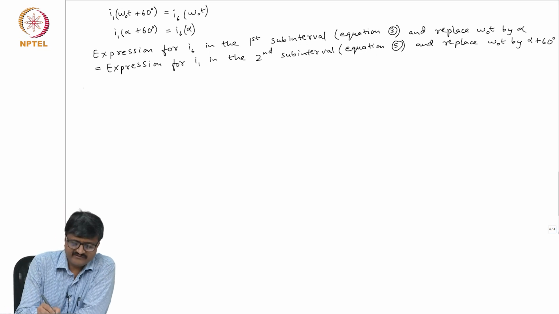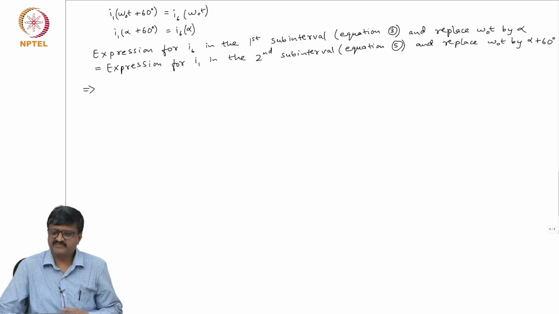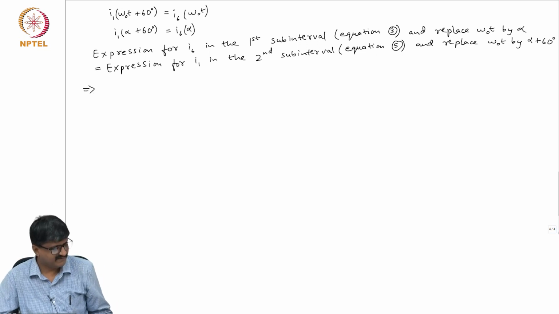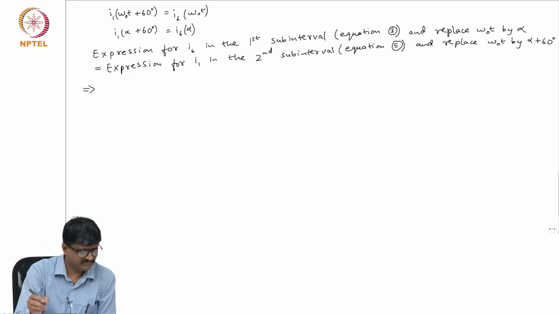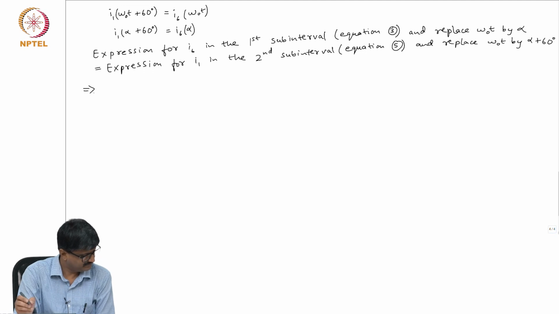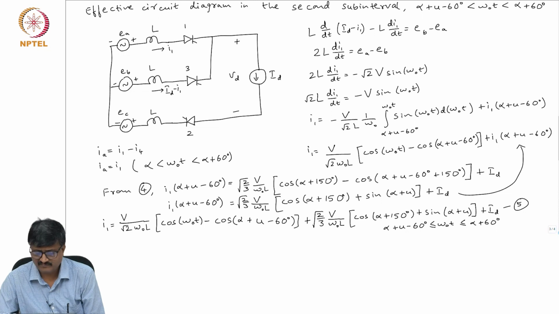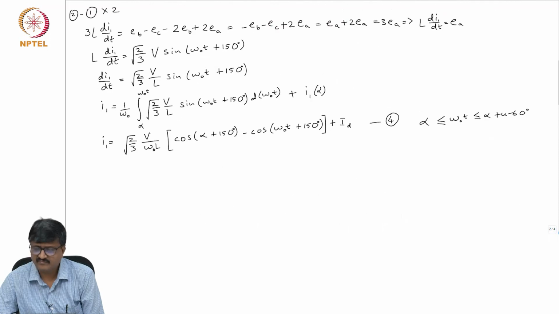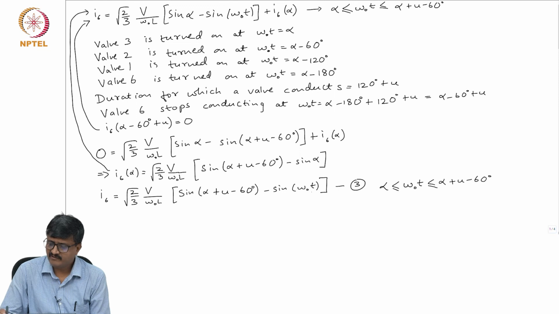Okay. So, what does this give? Let me do it. I will take the expression for I6 in the first subinterval and replace omega ot by alpha. Wherever there is omega ot, I just put alpha.